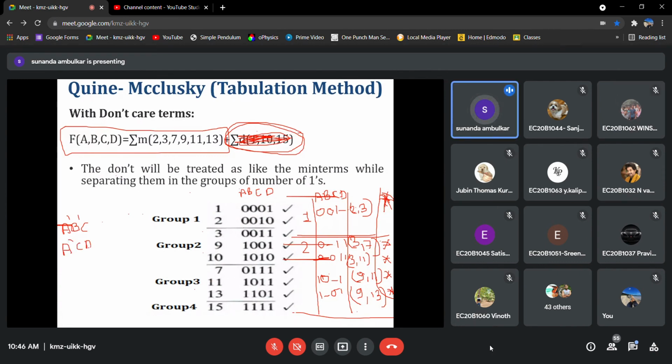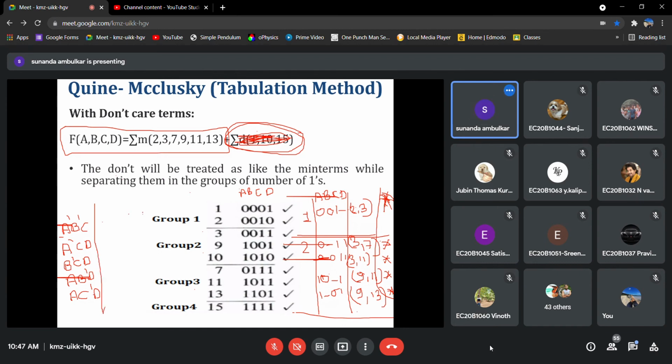Next is B dash CD. Next is A B dash D. Next is A C dash D. Because we didn't consider the don't care condition, we got so many min terms.